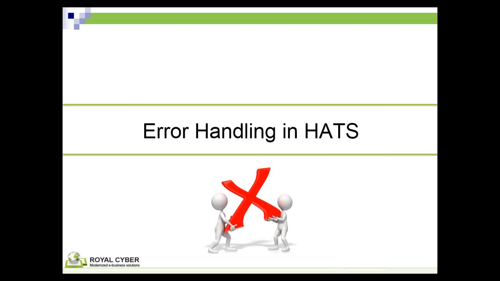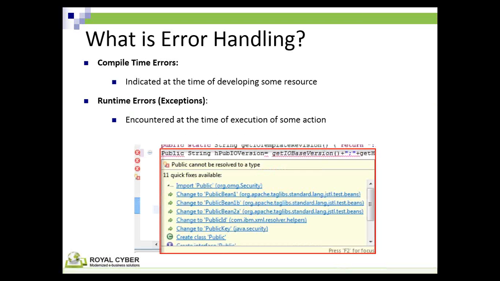Now let us move to our main topic, that is error handling in HATS. When we talk about error handling, there are two types of error. One is compile time error. If you make any compile time error, for example, if you make any error in the syntax of the language, then modern IDEs are quite efficient to remind you that you have made a certain error.